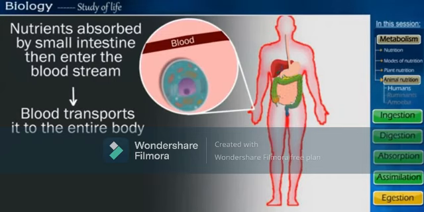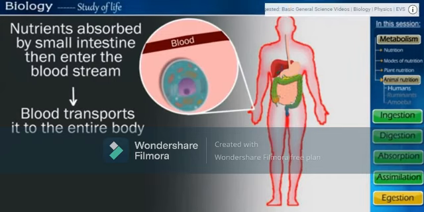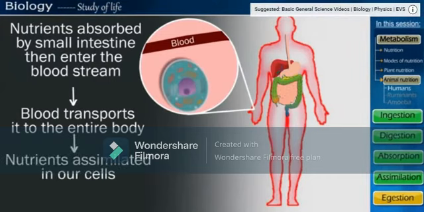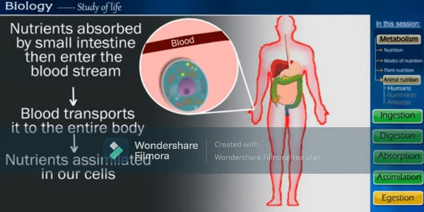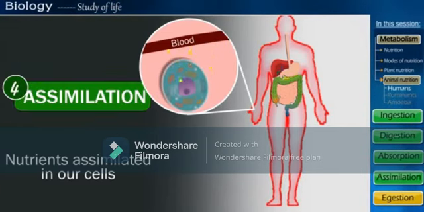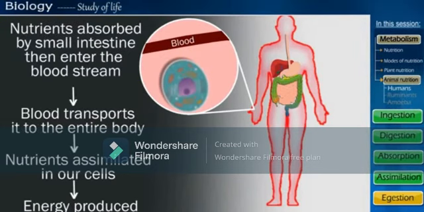The blood passes through all the body parts, and the capillaries are present, so the nutrients are assimilated into our cells. So there is the process of assimilation, through which energy is produced. The energy we get after eating food comes from this process.